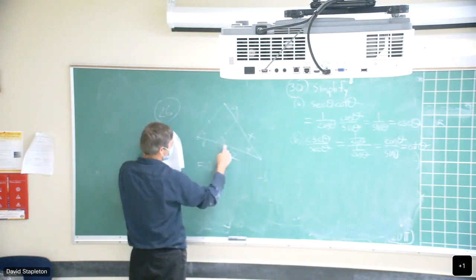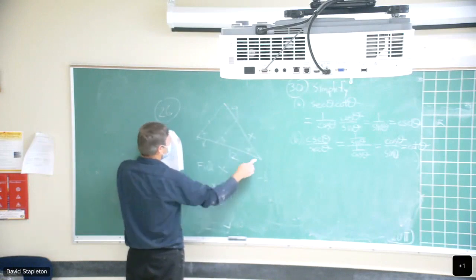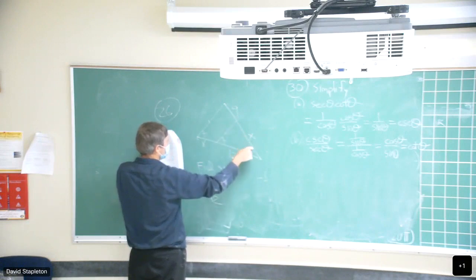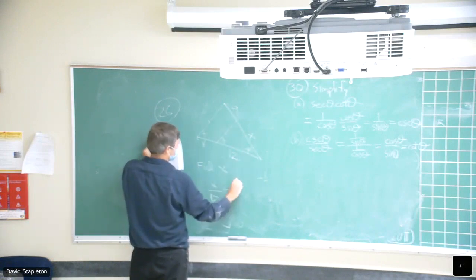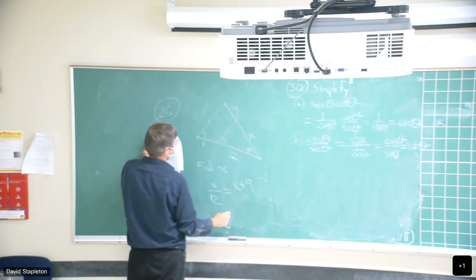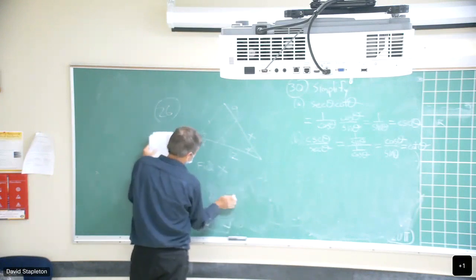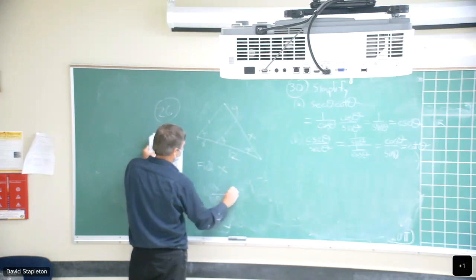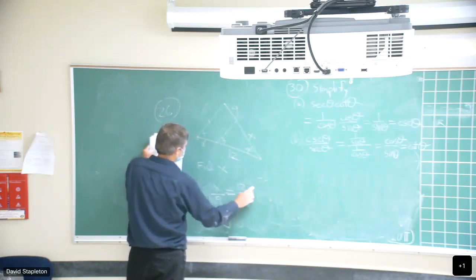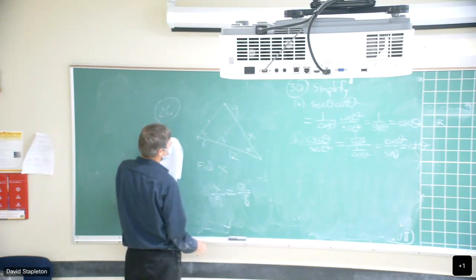X is to 12, this side is to this side, as, let's see. In fact, there's more than one way to do this. Now, the easiest way, I'm going to take a little shortcut just for time: x is to 9 as 12 is to 8. It's not actually one of your theorems for similar triangles.